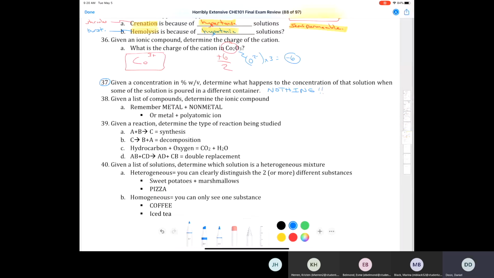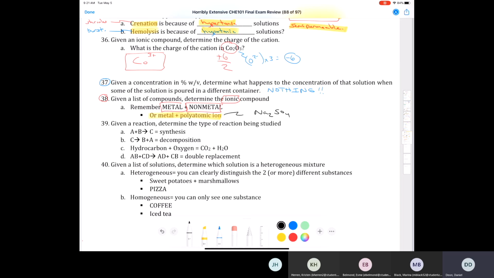Given a list of compounds, determine the ionic compound. This, again, she's repeating herself here. This is something that we've looked at already. An ionic compound is made from a metal and a non-metal, or a metal and a polyatomic ion. If you're wondering what's an example of a metal and a polyatomic ion, an example would be something like sodium sulfate, Na2SO4, right?